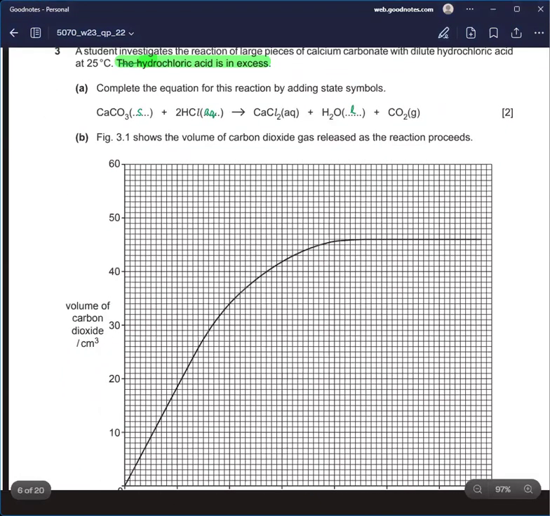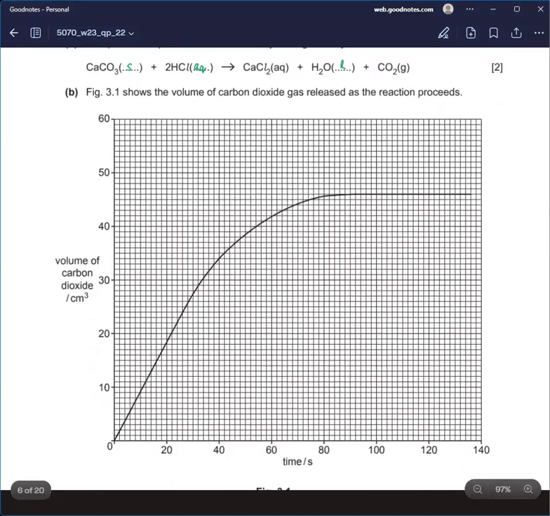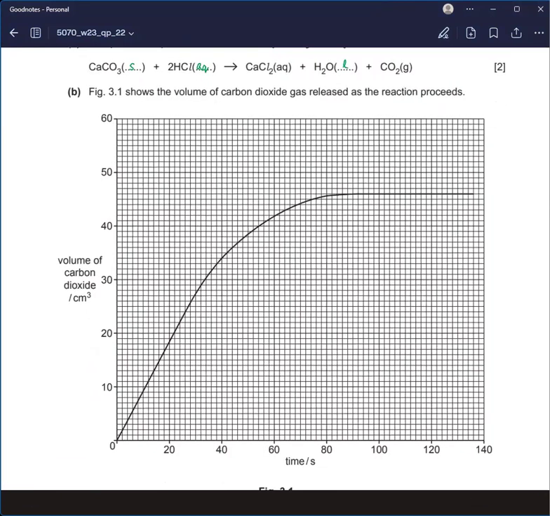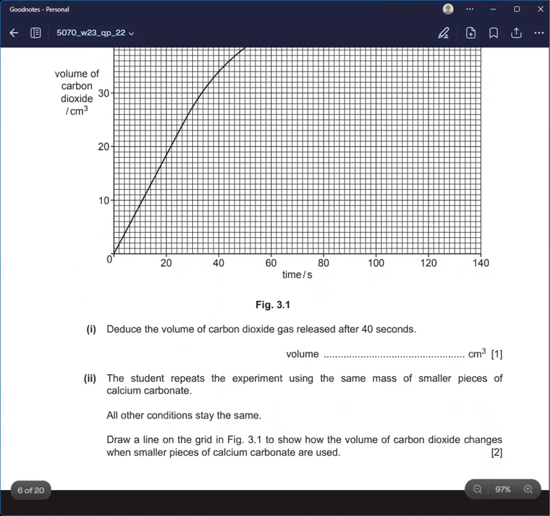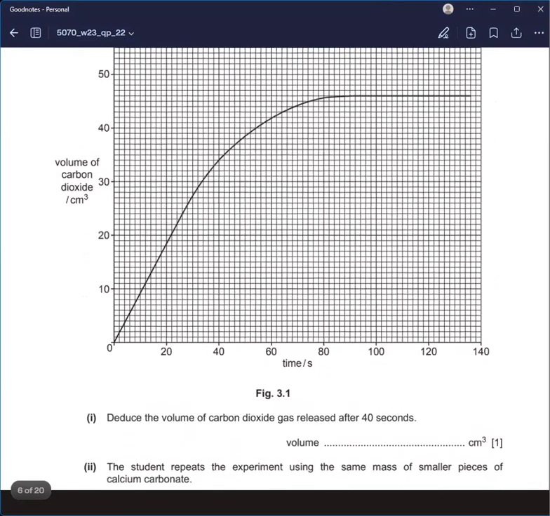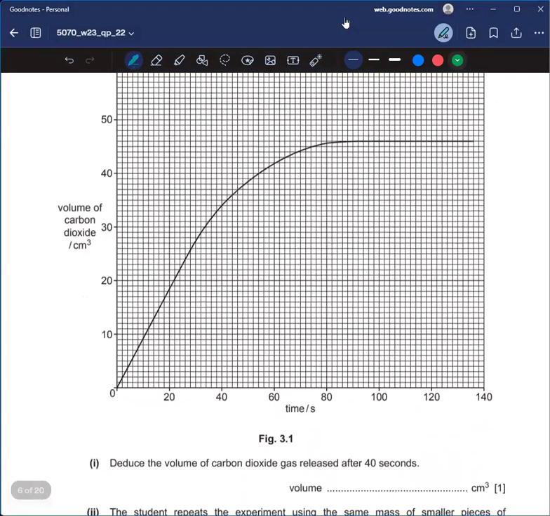So part B. Figure 3.1 shows the volume of carbon dioxide gas released as the reaction proceeds. Deduce the volume of carbon dioxide gas released after 40 seconds. After 40 seconds. Here we have time, and the x-axis is time.